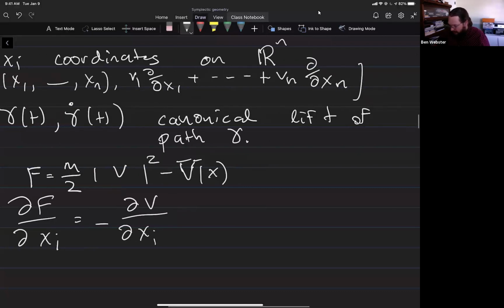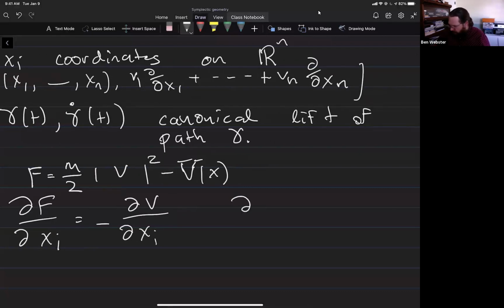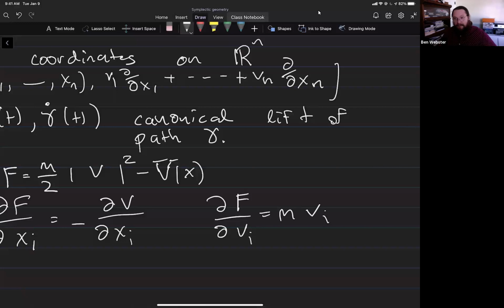And on the other hand, if I take partial f, partial vi, then I just get m vi, and then I'm taking the time derivative of that.